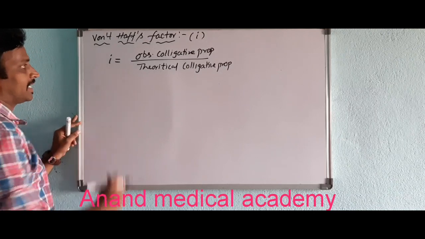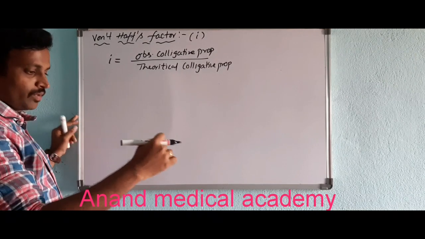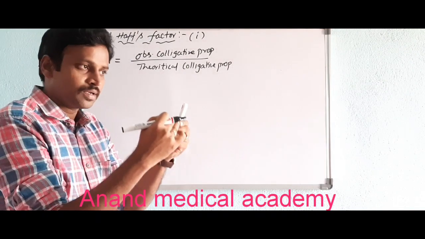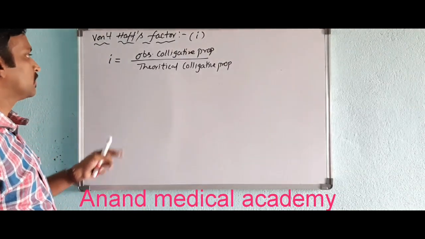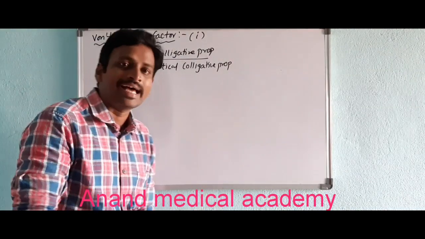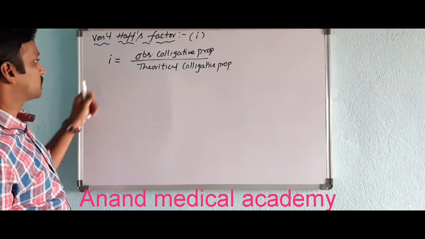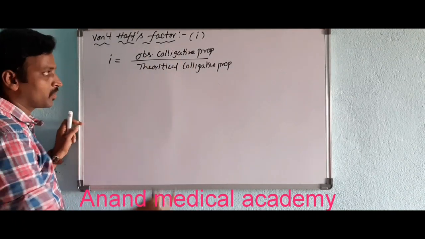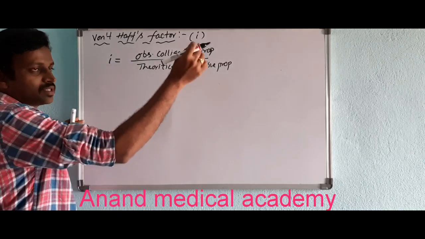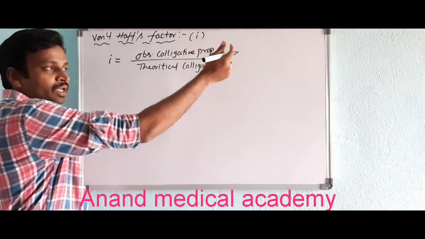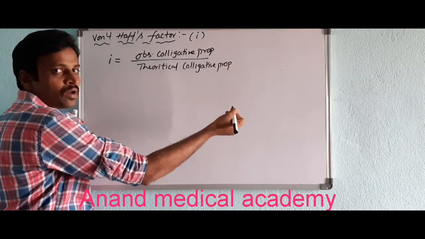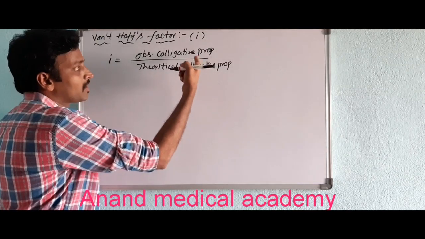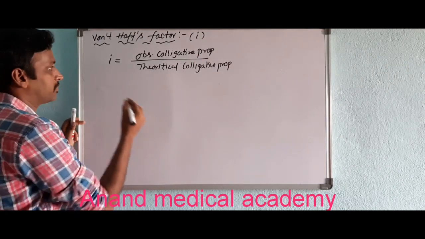Observed means while doing some experiment in the lab, and theoretical means what we calculated by using the formula. That is i. Otherwise, colligative property is inversely proportional to molar mass, because in any concentration term, you see weight by gram molecular weight, so molar mass is in the denominator, meaning inversely proportional.